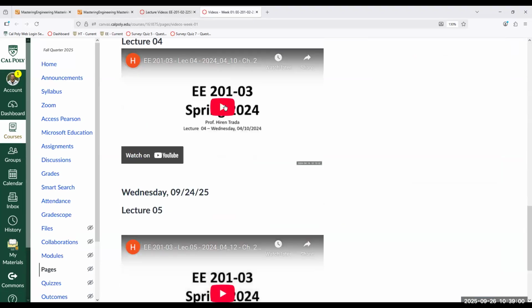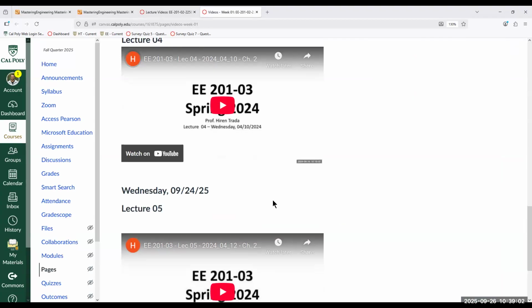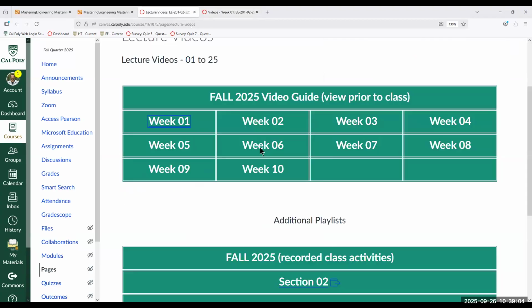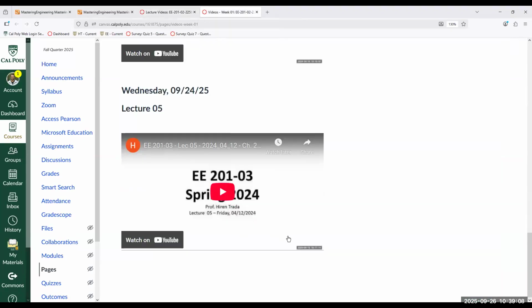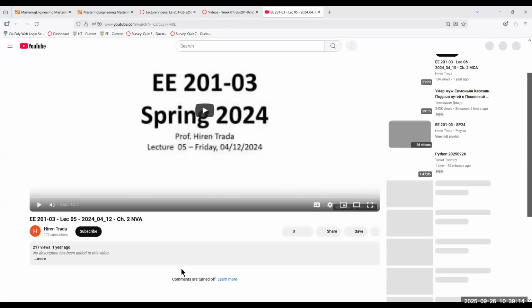And then I think this takes into resistive circuit analysis, and then actually lecture 5. And then after that, you can just click on the same video and go to that same playlist if you want it.